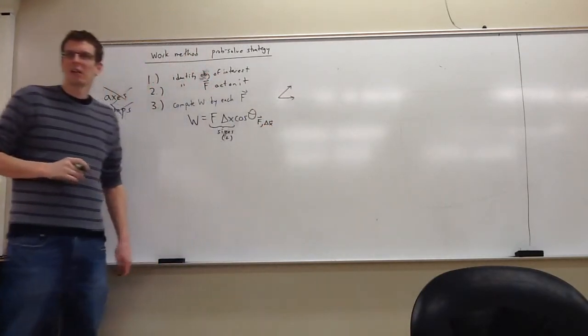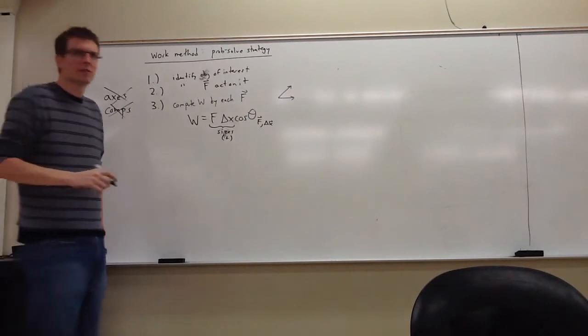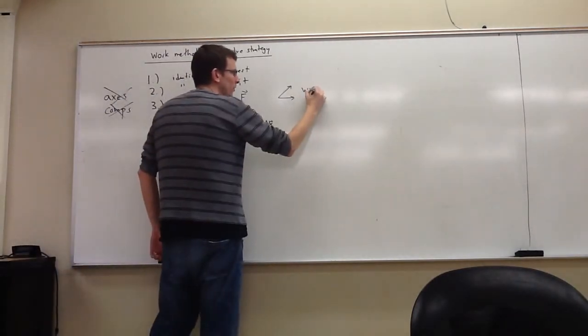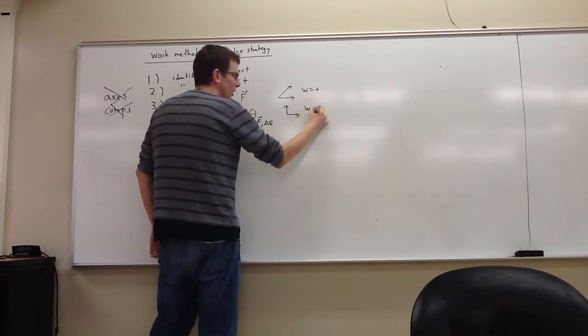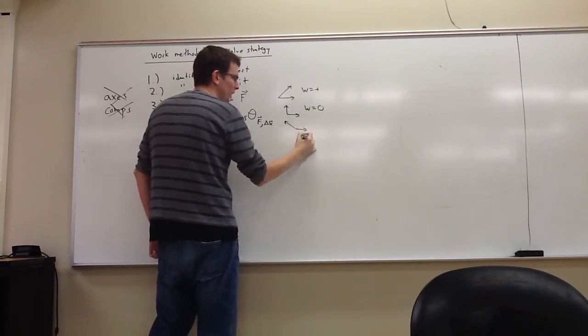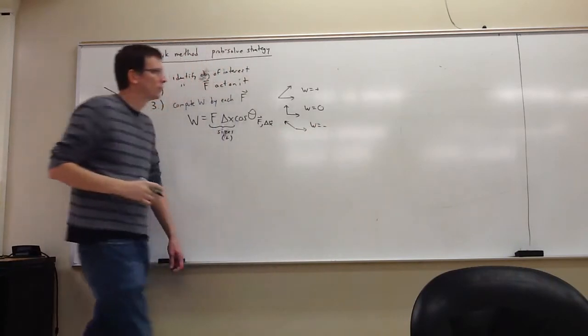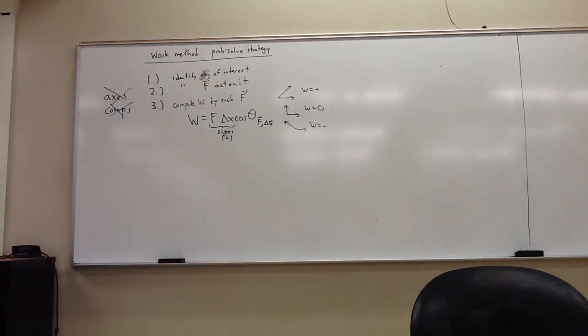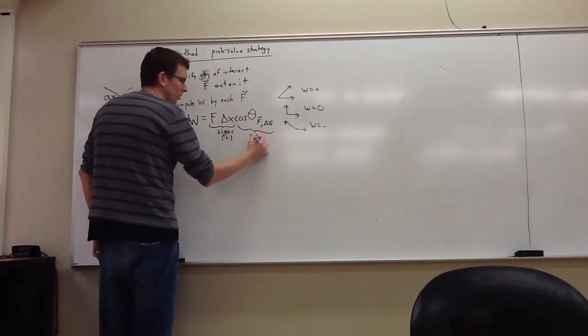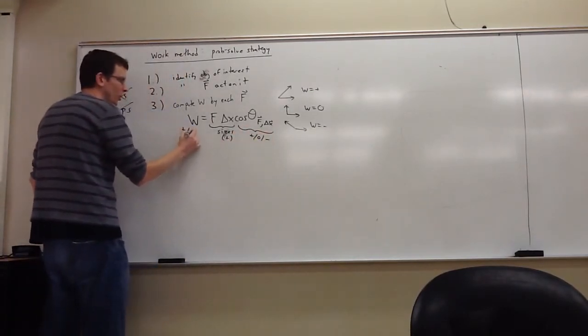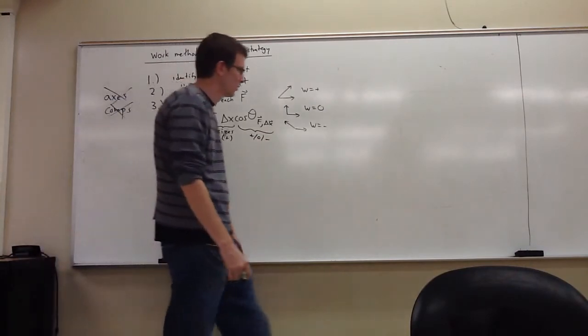If they make a smaller than 90-degree angle, the work will be plus. If they make a 90-degree angle exactly, the work will be 0. And if they make more than a 90-degree angle, the work will be negative. So the cosine term being plus, 0, or minus will control the work being plus, 0, or minus.